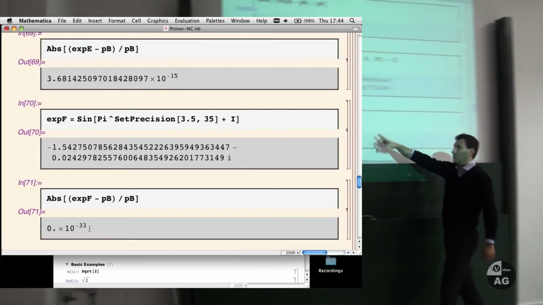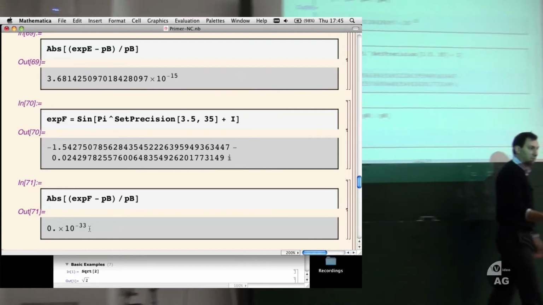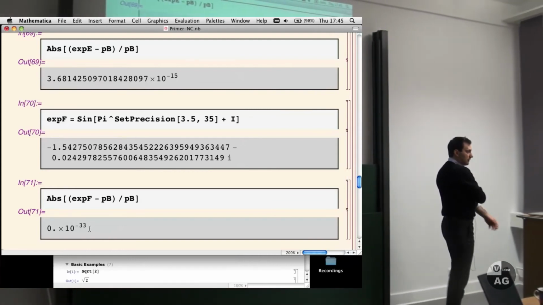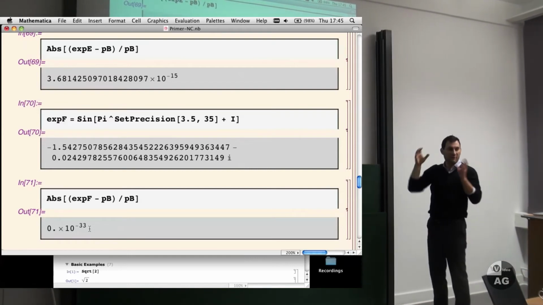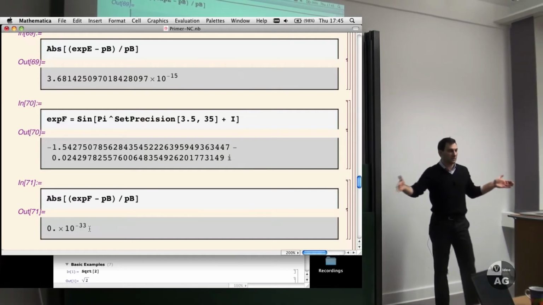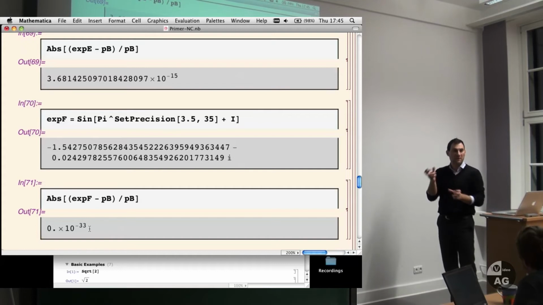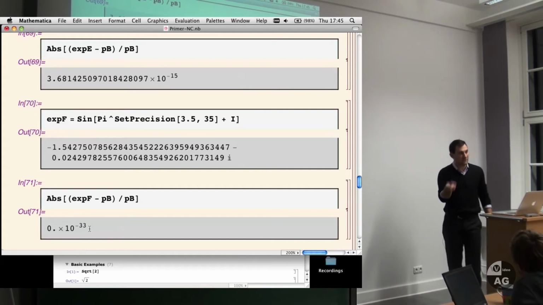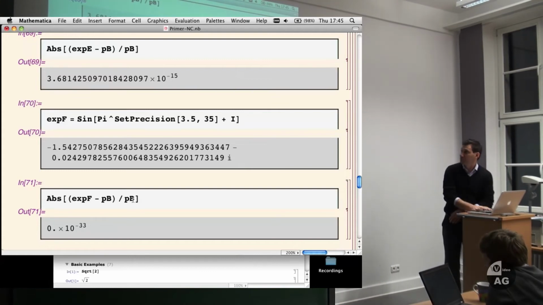And I still lost a couple of digits in the computation. This is not 35, it's 33, but that's okay. The crucial point is to force the computation to actually be performed with as many digits, and not just to ask to get many digits of something that was never computed with so many digits to begin with.